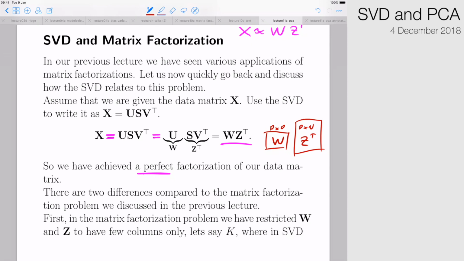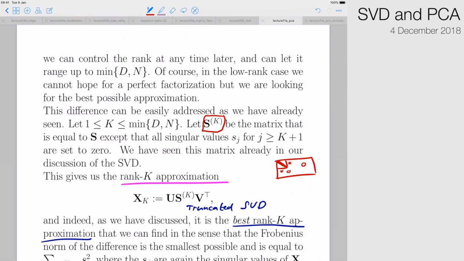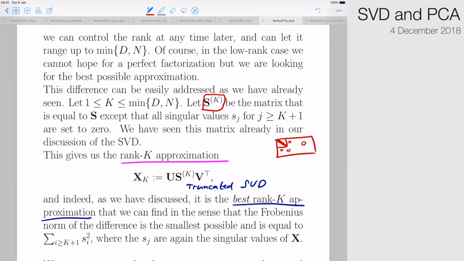But now if you do the truncated SVD, then what we have is actually only K columns in W and the same in Z transpose. So now we're back to matrix factorization with few columns, and that's exactly what we did when we did K-means, and also when we did mixture models and matrix factorizations for the recommender system.